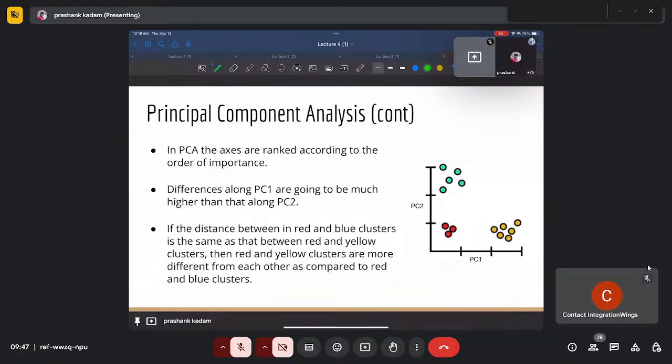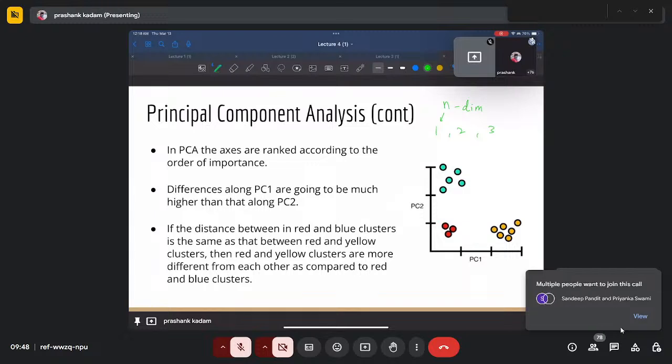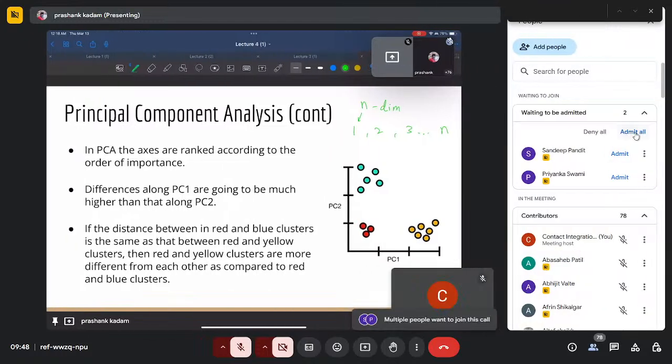One important thing is the first feature that you project on. Your n dimensional information can be projected down to as many dimensions as you want. You could project it down to 1D, 2D, 3D, whatever, right? Up to n dimensions. So the n dimensional data you could essentially project down to from 1 to n dimensions.